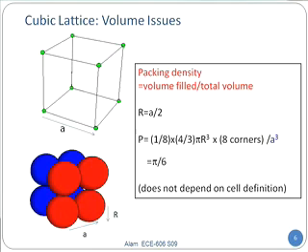Now, in terms of cubic lattices, if you wanted to know what fraction of the volume is actually occupied, we just counted the number, but what fraction of the volume is occupied, you will see that it is approximately 50%, 52, 53%. And this is how it comes about.